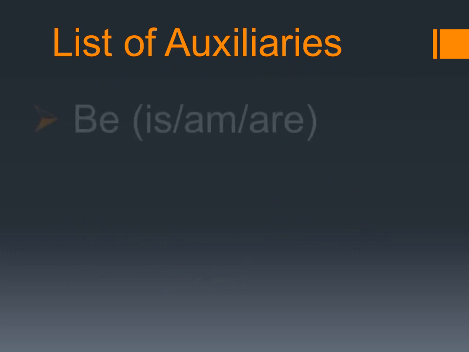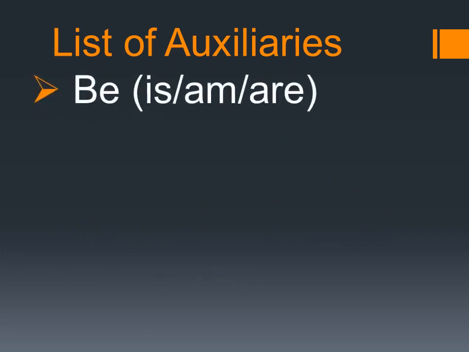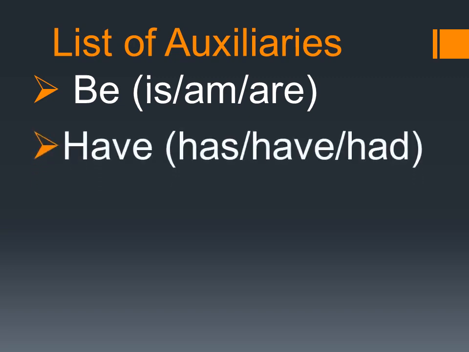List of auxiliaries. Is, am, are are three helping verbs which are forms of the verb be. Have, has, had are helping verbs and these are the forms of have.